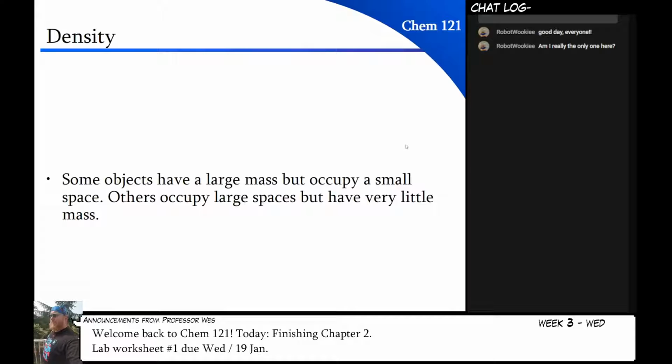Let's talk about density. You have probably heard of the term density and might have some sort of concepts or ideas about it, such as things that are really heavy or light relative to their space. For example, if I have this pile of lead shot, like the kind used for heavy weights, or if you are from a family who reloads their own shotgun shells, like my family did.